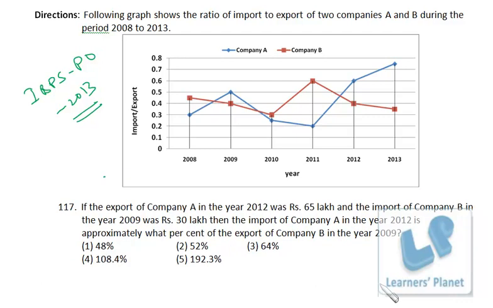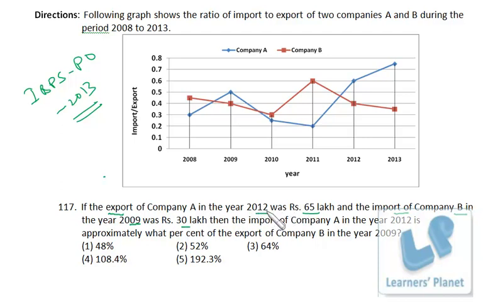If the export of company A in year 2012 was rupees 65 lakh and import of company B in year 2009 was 30 lakh, then import of company A is approximately what percent of export of company B? Here we have been given export of company A, and we have to find out import of company A in year 2012.